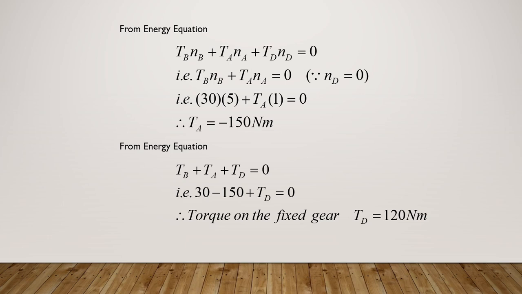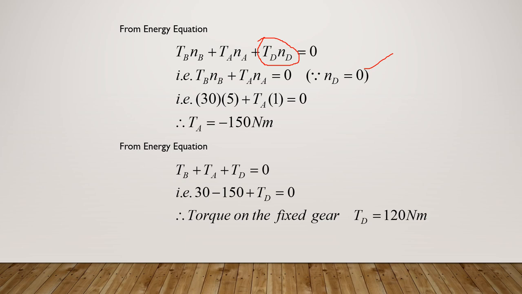Since D is fixed, ND is 0, so the third term remains 0. Substitute the values: 30 Newton meter is given, speed of B is 5, torque TA we have to calculate, speed of A is 1. So the answer you will get is minus 150 Newton meter.